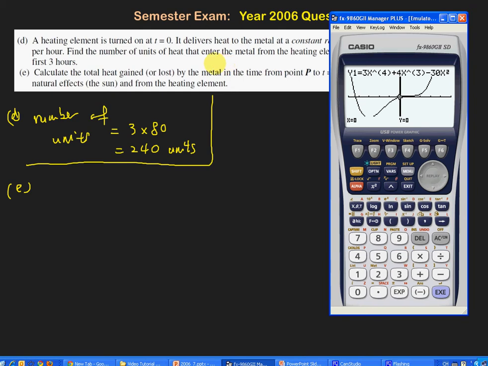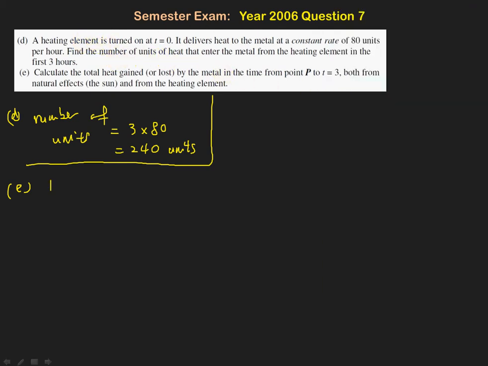And as you look at question D, the heating element adds 240 units to the system. You might recall in part B we calculated the areas. From P to t equals 0, the heat lost is negative 367.2, and from t equals 0 to t equals 3, we have a heat gain, with the integral being a positive value.